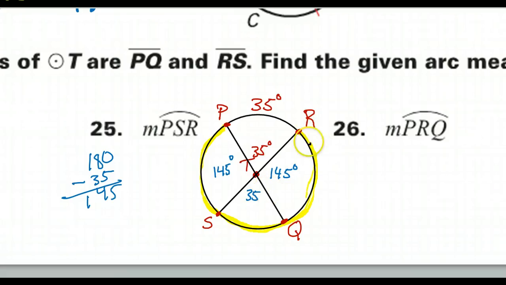So I can either do 360 minus 35, which would be the absolute quickest thing to do, because this yellow is the whole circle except for the 35.